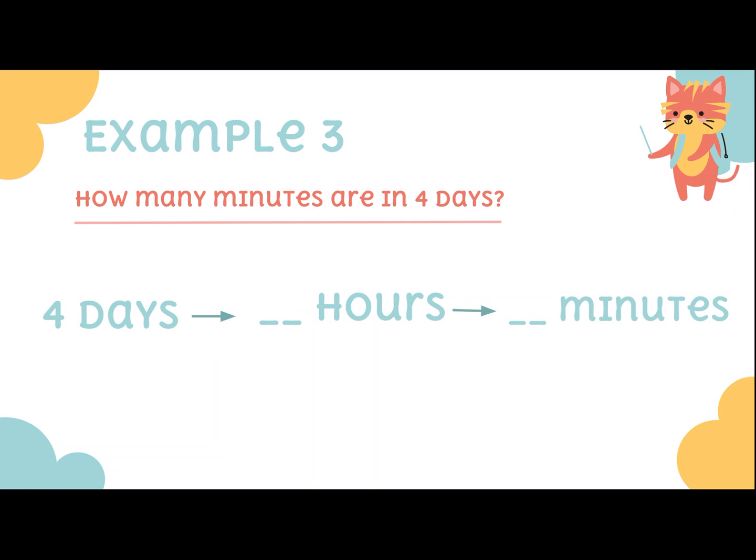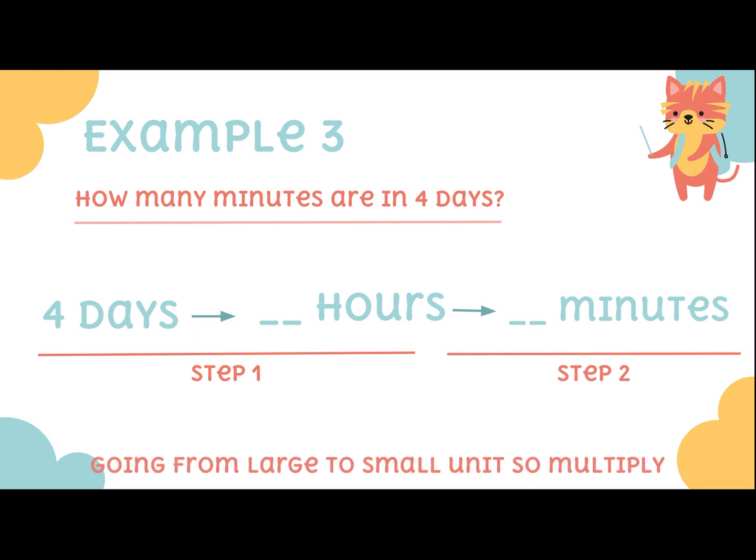So we'll do days to hours in step 1, and then hours to minutes in step 2. We're going from large, which is 1 day, to minutes, which is much smaller than a day. So we're going to multiply because we need a bigger number at the end.